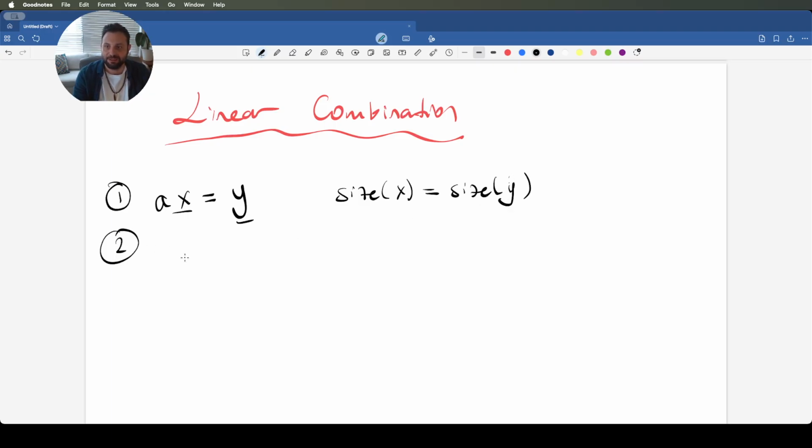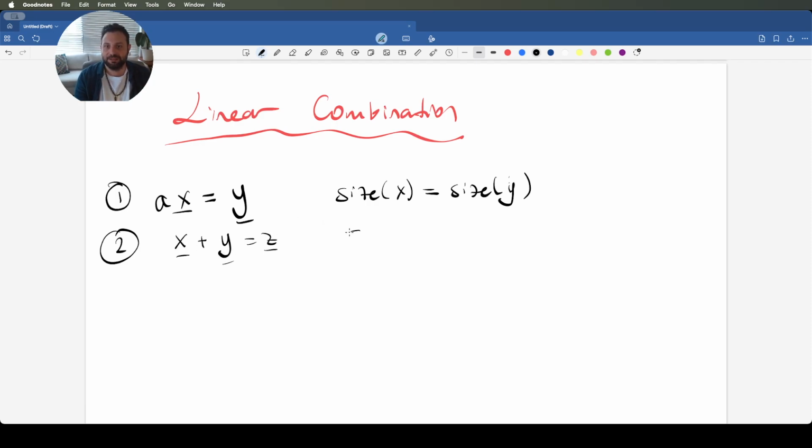Similarly, if I add x plus some y and get z at the output, like we covered previously, we're doing nothing but adding each and every one of the elements.